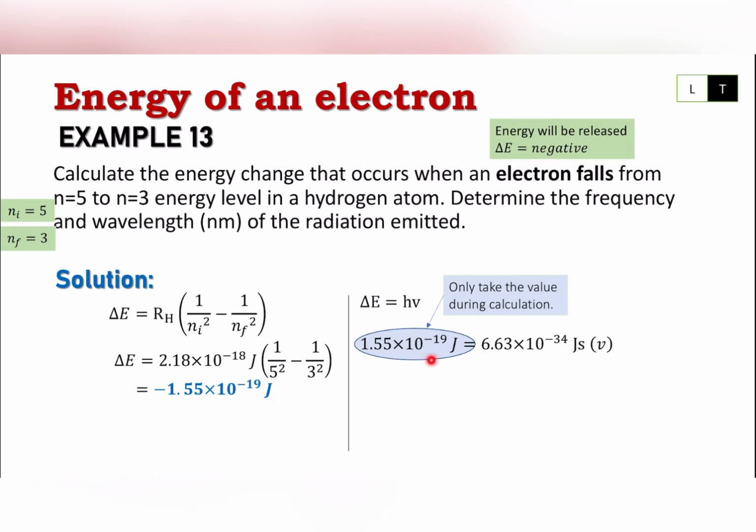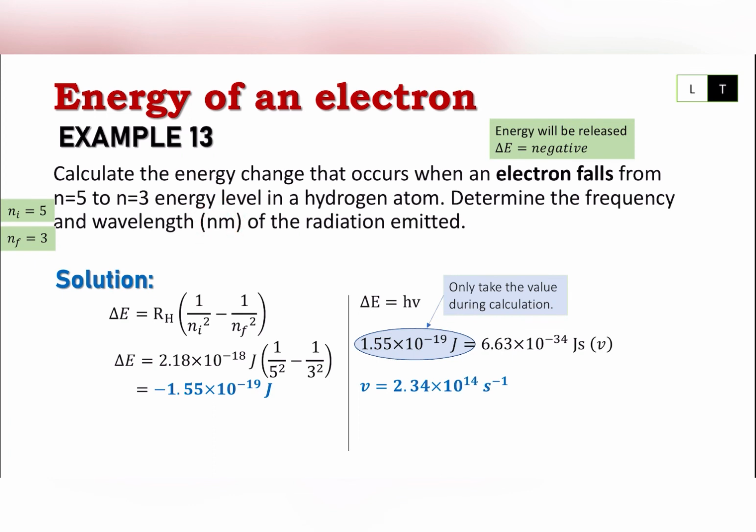Rearrange the formula with the correct values and I will have my frequency as 2.34 exponent 14 per second. This is the unit for the frequency. Next, it asks you to calculate the wavelength as well, but in a specific unit, nanometer.